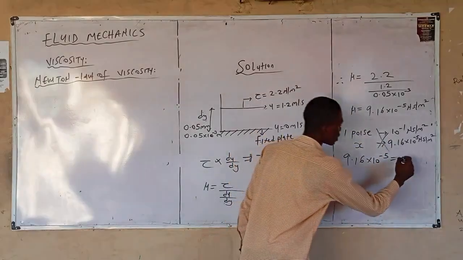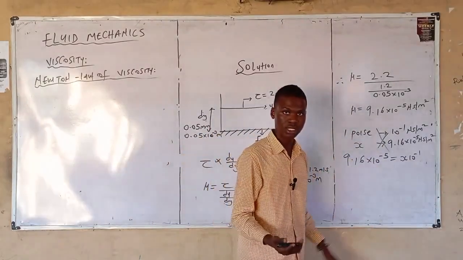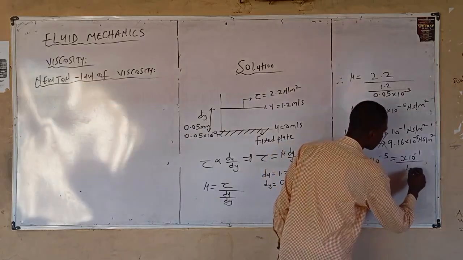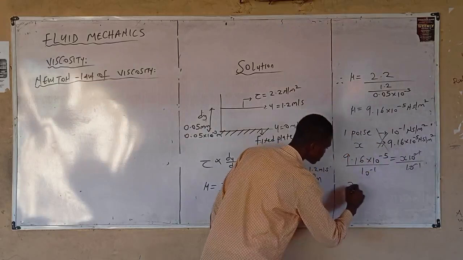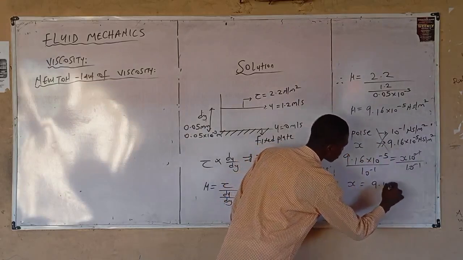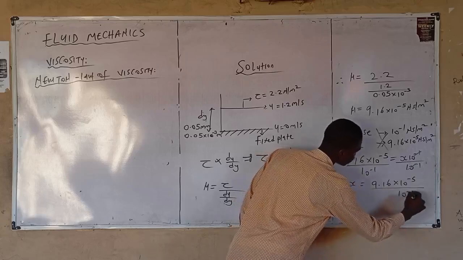What do you have? x times 10 raised to the power minus 1, right? X poise, x is unknown. Divide both sides by 10 raised to the power minus 1. Meaning x is equal to 9.16 times 10 raised to the power minus 5 divided by 10 raised to the power minus 1.